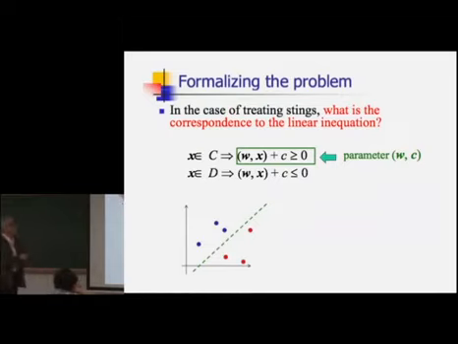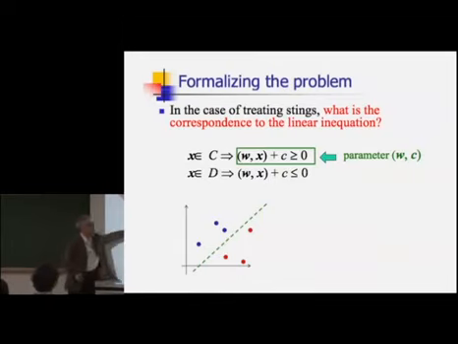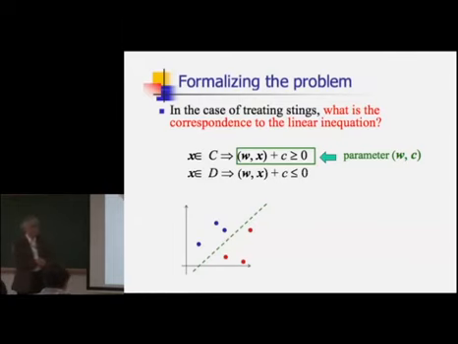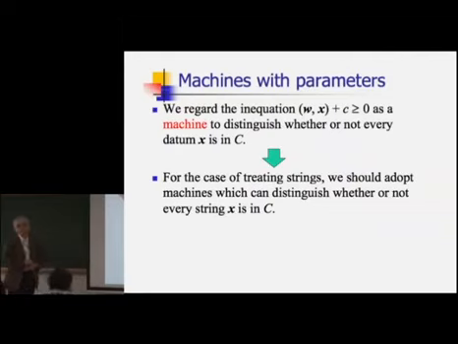Then in the case of treating strings, what is the correspondence to the linear equation or linear function? The key point is that this linear function, linear equation, has parameters, which are the vector W and C. And this equation in this setting works as a machine.